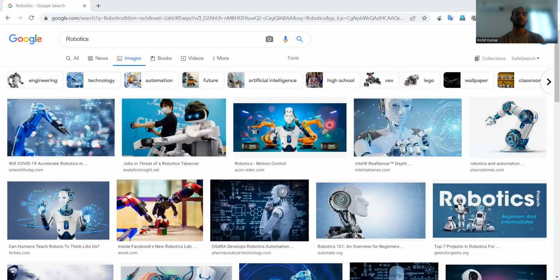In addition, you can have different publishers available also, including Elsevier, IEEE, Wiley, Springer, Sage, Taylor and Francis, MDPI, etc. So you can see that lots of people are exploring the field of robotics, and it's a very good field for you.